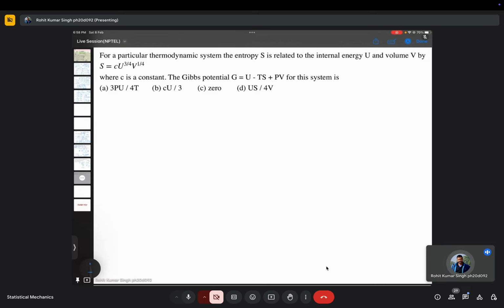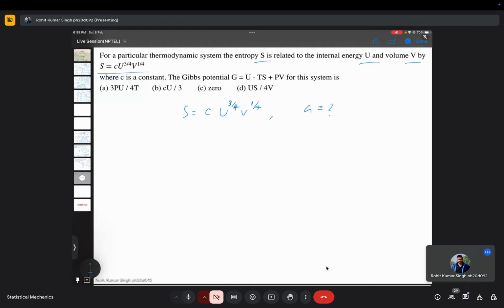Now here the question is, for a particular thermodynamic system, the entropy is related to internal energy and volume by this expression. Entropy depends only on the internal energy and volume, where C is a constant, and we need to find the Gibbs potential.